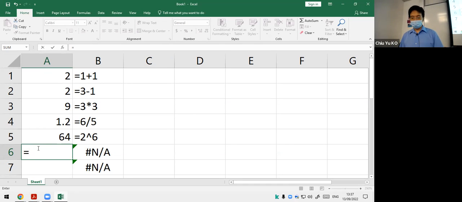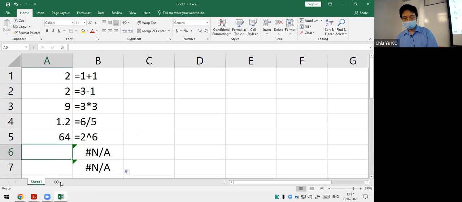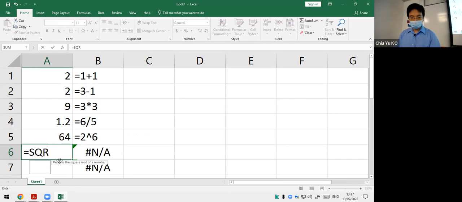You need some more. What I learned is square root and exponential. Square root is SQRT. Take a square root. Then this is the function, and you have to write the function, and you have the input.